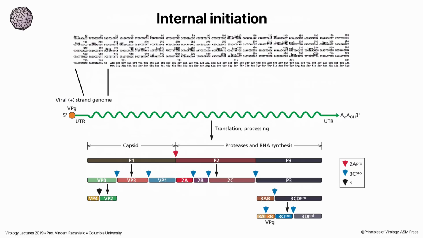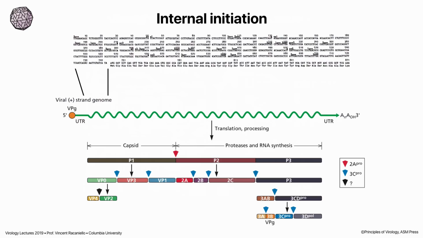And so here's the poliovirus RNA genome. At its very 5' end, there's a long untranslated region of about 740 bases, which is shown expanded at the top there. There's the first AUG that initiates translation, but all this other RNA is highly structured, and that's where the ribosome binds to get the initiation of translation.